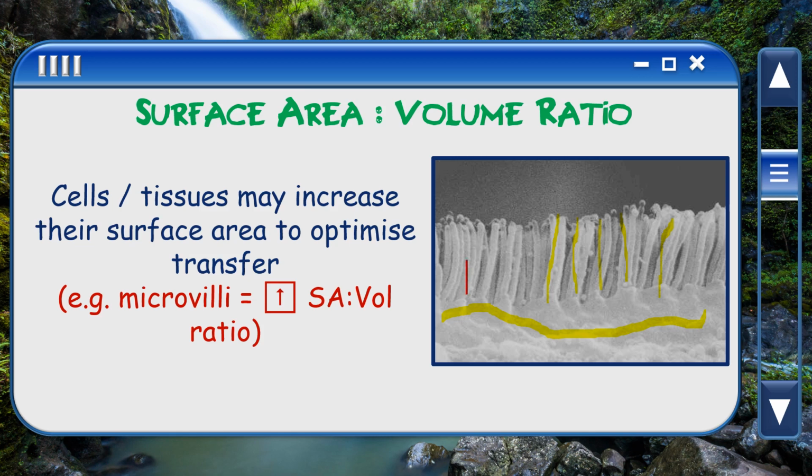The prolonged ones are going up. All these prolonged ones are increasing the surface area to volume ratio. Therefore, they increase the area where exchange of materials takes place. These are microvilli, increasing the surface area.